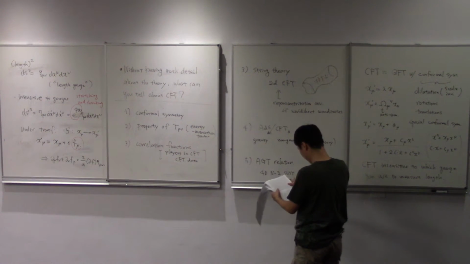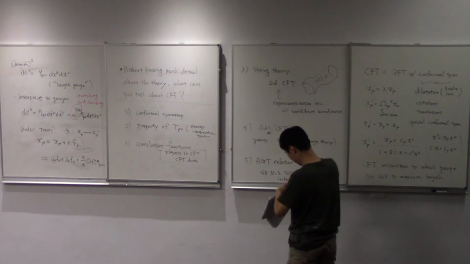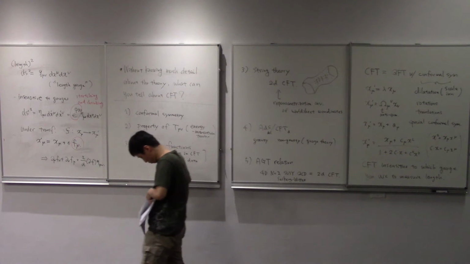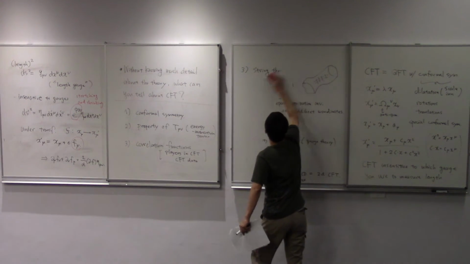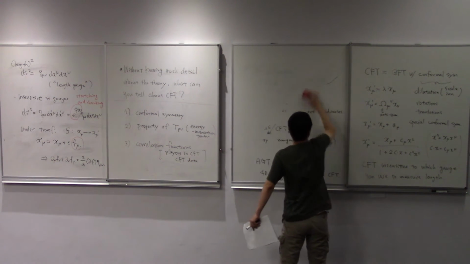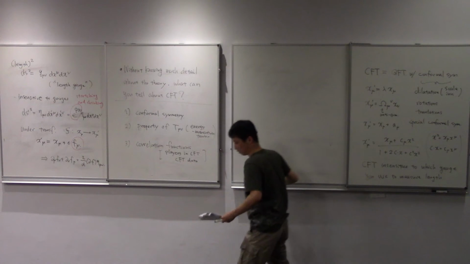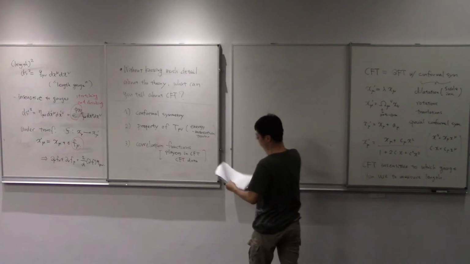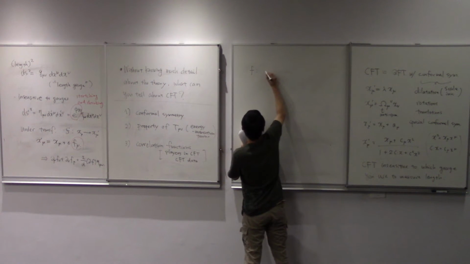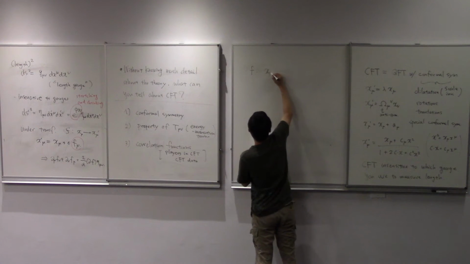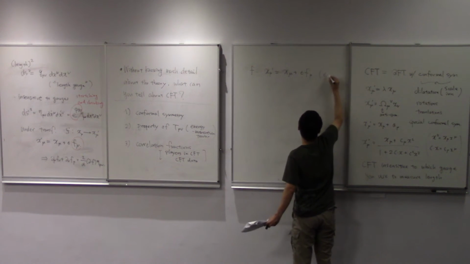So now, let's analyze this symmetry. So we consider this transformation, which I call f, to be precise, as I wrote there, and then epsilon is very small.